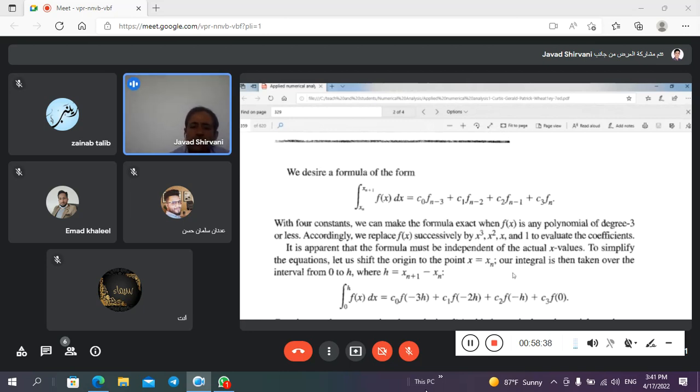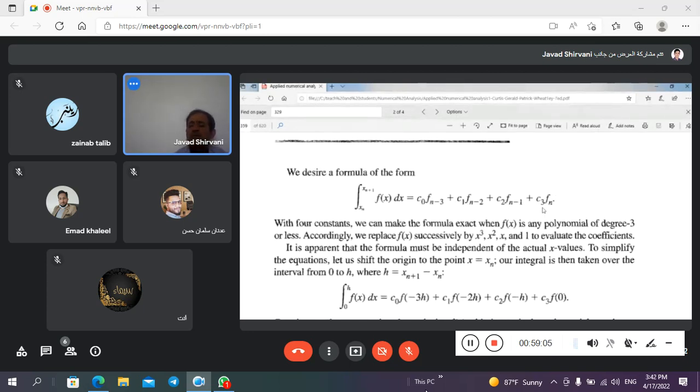And we can let the integration of f between xn to xn plus 1 be this formula of 4 points, n minus 3, n minus 2, n minus 1, and the point n, with these weights C0, C1, C2, and C3.